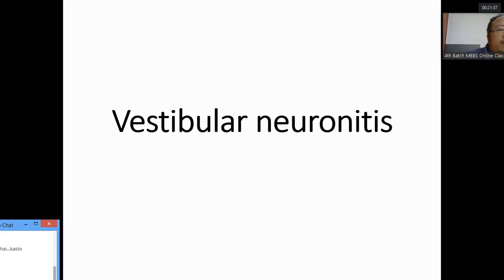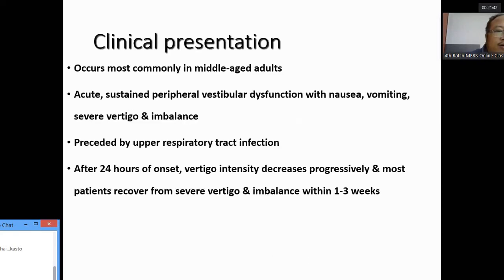Vestibular neuritis means the vestibular nerve is involved. Usually it is seen in middle age, seasonally. There is acute sustained peripheral vestibular dysfunction with nausea, vomiting, severe vertigo and imbalance.